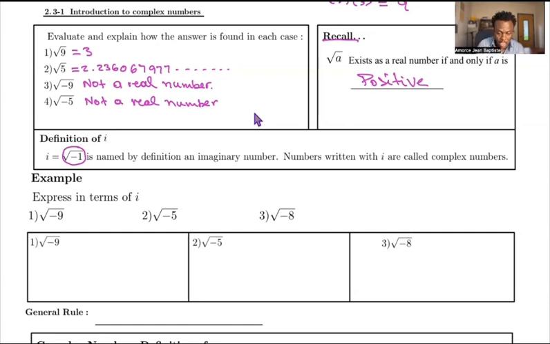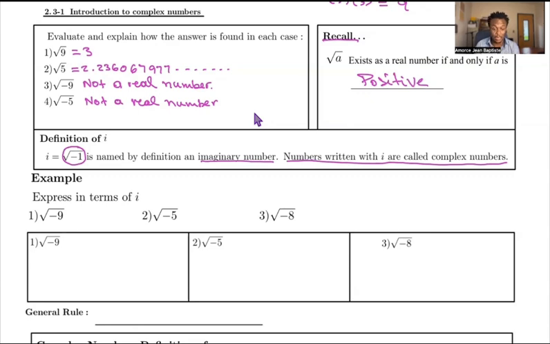Its name is an imaginary number. That's why it's called i, imaginary number. Now, all numbers written with an imaginary number are called complex numbers. So we start introducing complex numbers with you.